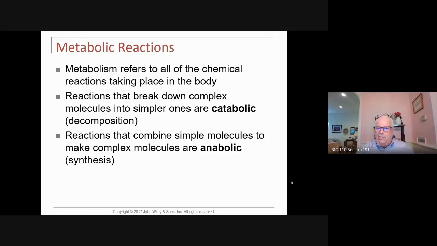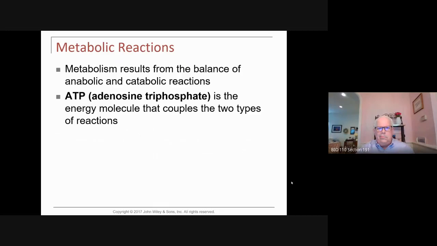And really, this occurs throughout the entire body, but basically it occurs in the liver because the liver is the metabolic storehouse of your body. Metabolic reactions result from a balance of breakdown and synthesis.